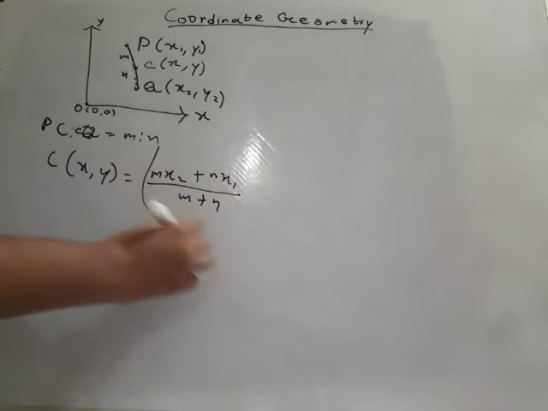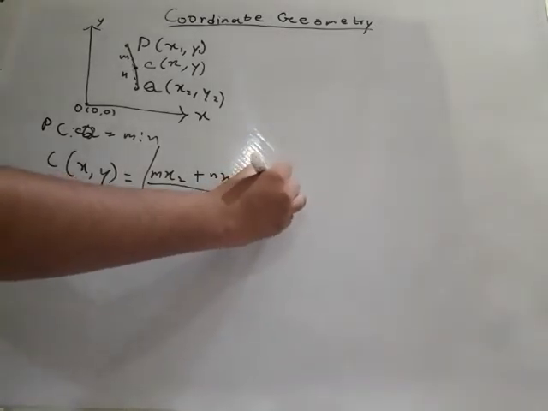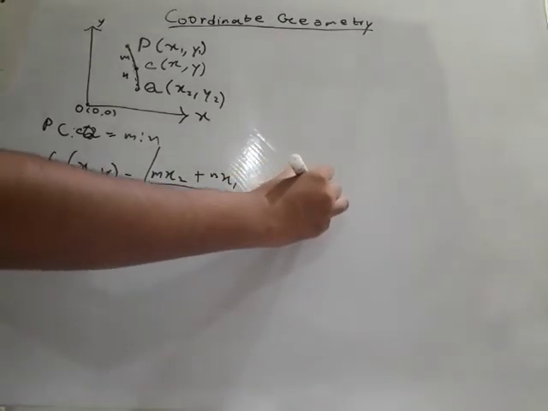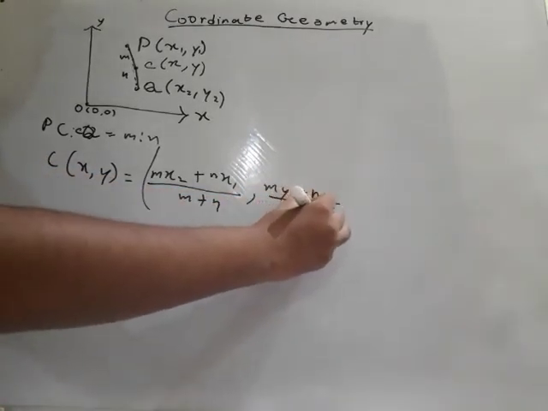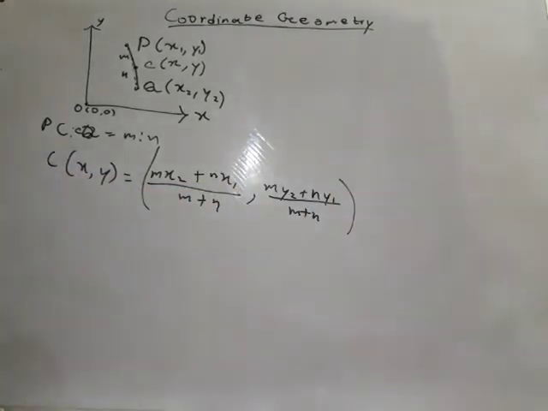This is the x coordinate, and the y coordinate becomes m y2 plus n y1 by m plus n. This gives us the coordinates of C.